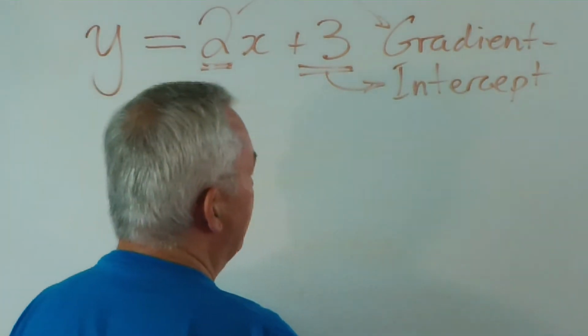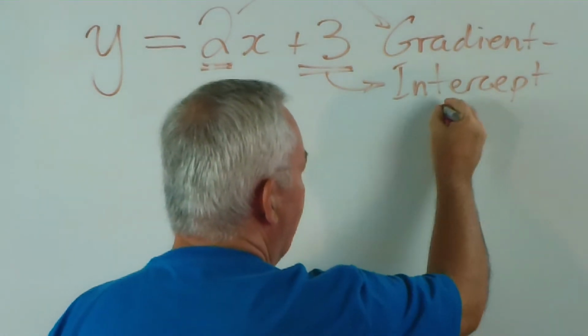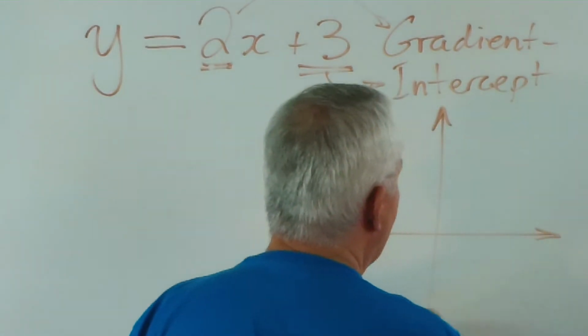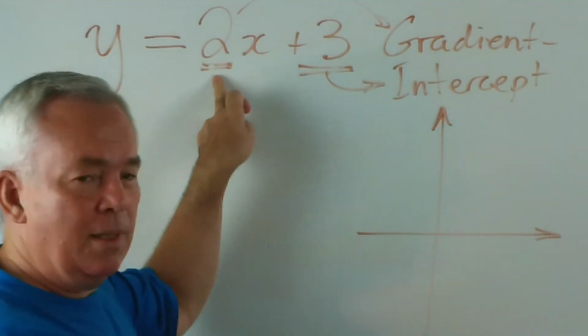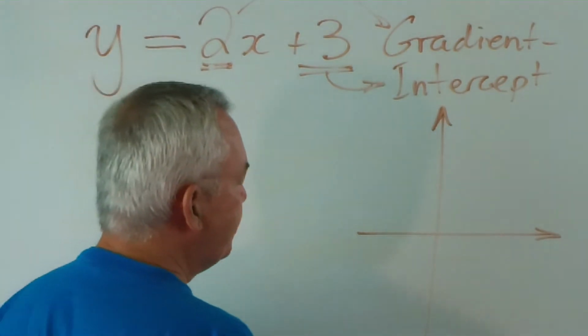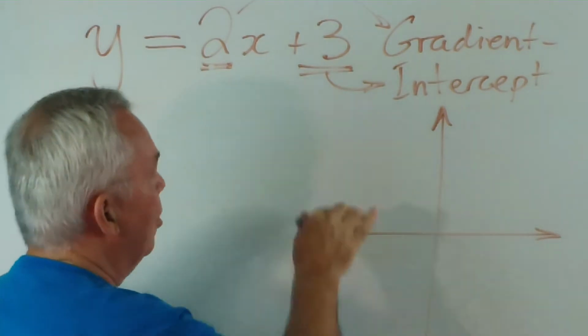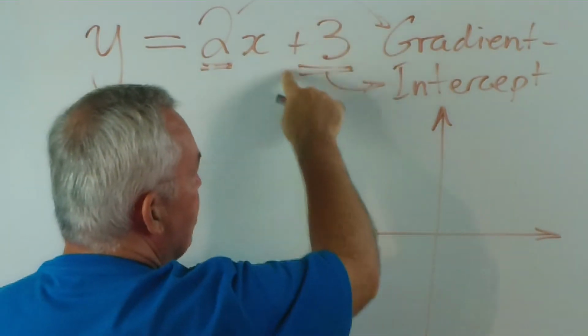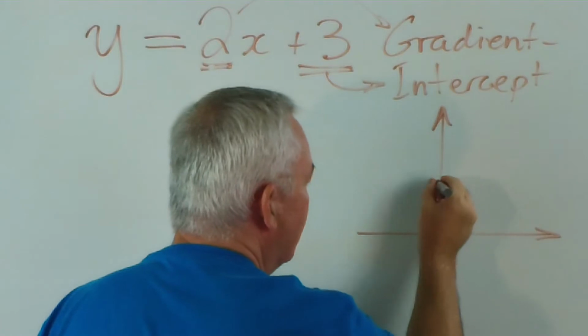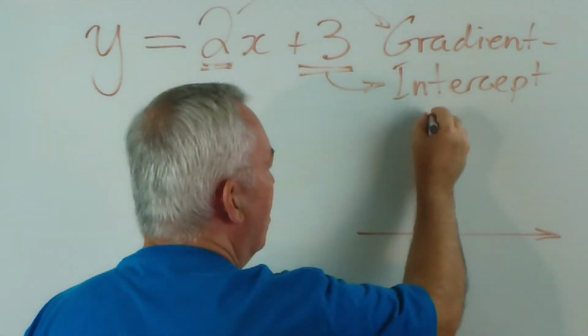Now, just to cover some very simple basics. If, for example, a line had a gradient of 2, and the intercept is at plus 3, it goes through plus 3 on the y-axis.